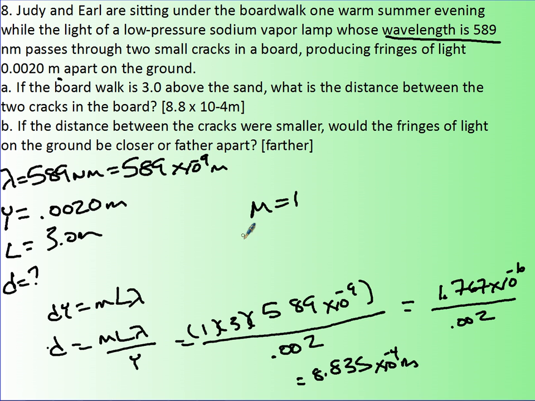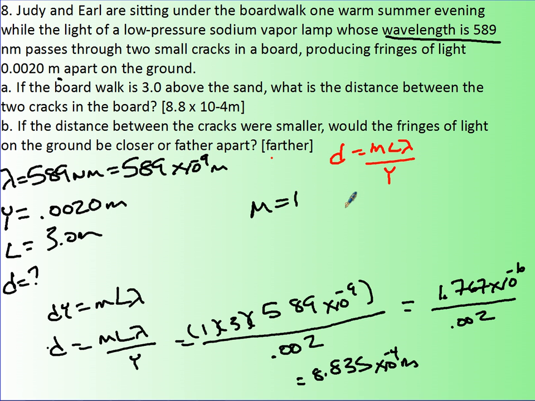All right, if the distance were smaller, would the fringes of light on the ground be closer or further? Well, let's look at this. I'm going to put this in a different color. D is m lambda L over y. If the distance between the cracks were smaller, so the distance between the cracks is, oh, solved it for the wrong thing.